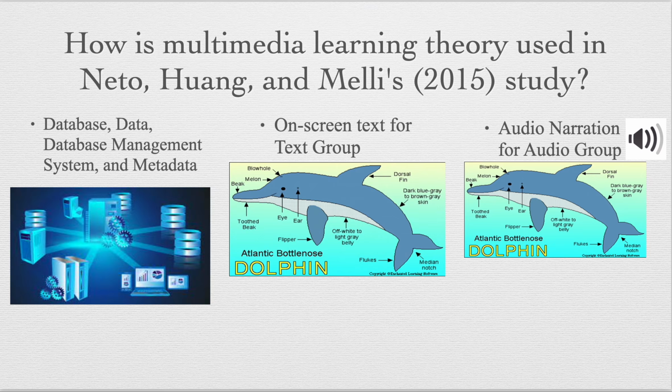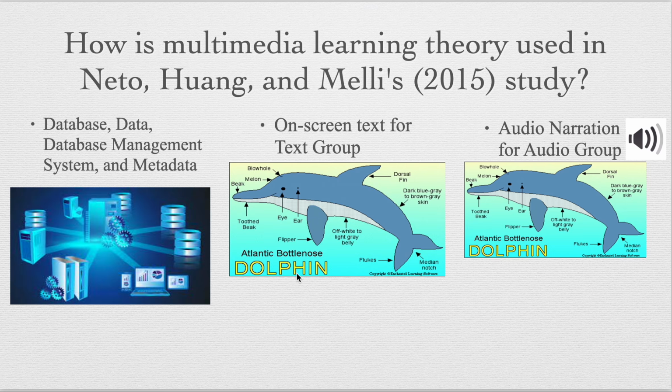The database lesson consists of a visual illustration with on-screen text for the text group and the same visual illustration but with audio narration for the audio group. So this just tells you the difference between on-screen text and audio narration for the audio group. Here you can see in this picture, this is a blowhole, this is a beak.